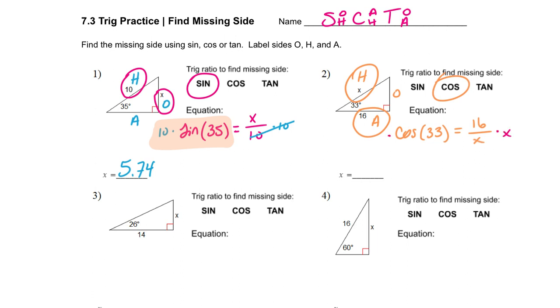This is like that second kind of problem that we talked about on the bell work, where when I move x over, I then have to divide by that cosine of 33. So I'm putting all of that with the division into my calculator, and I will end up getting 19.08.